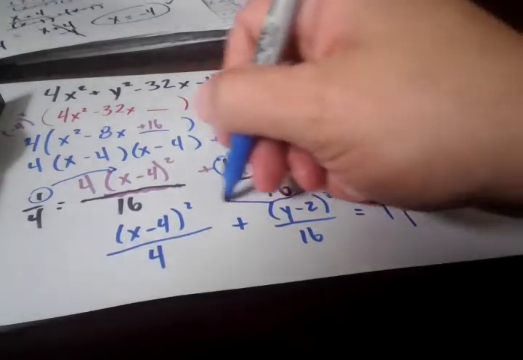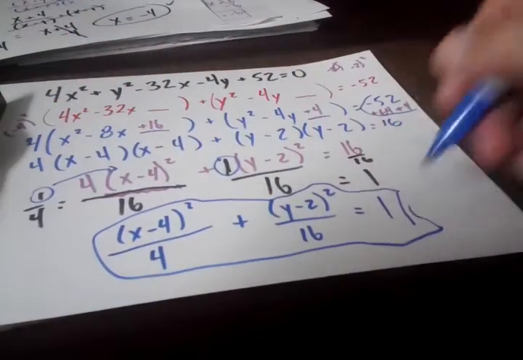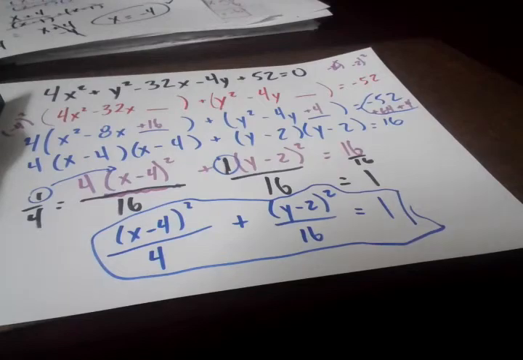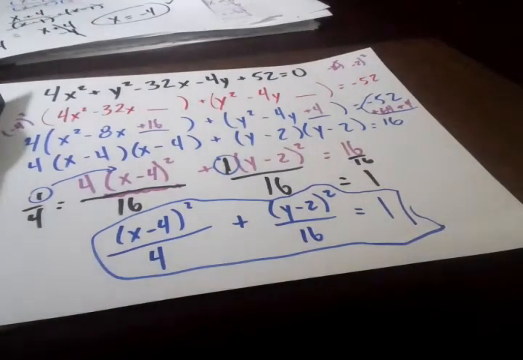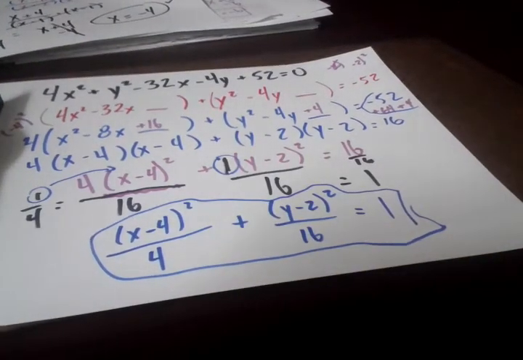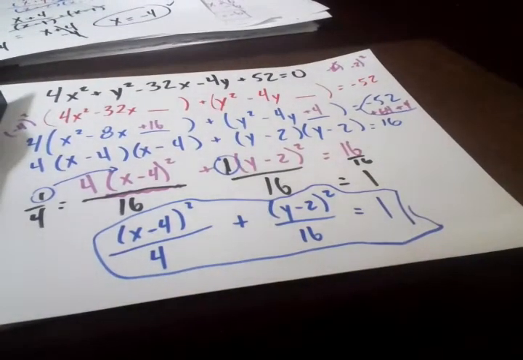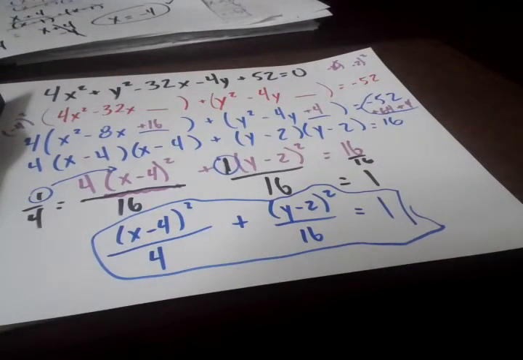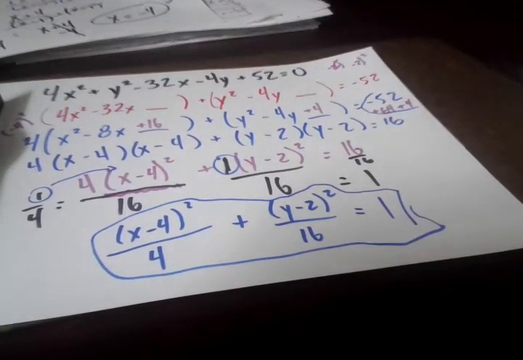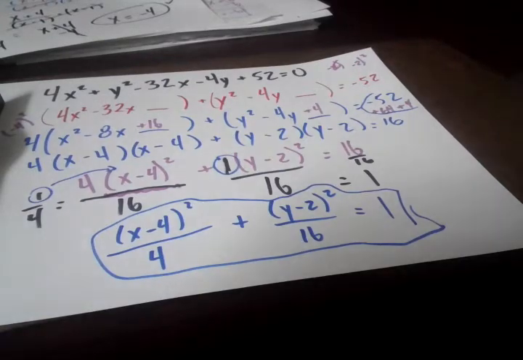So, yikes, that gave us our standard form. Wow, we just changed it from non-standard into standard form. Now, hopefully some of you guys are thinking, well, wait a second, how do we know if this is a horizontal or a vertical ellipse?